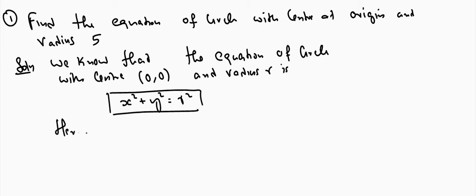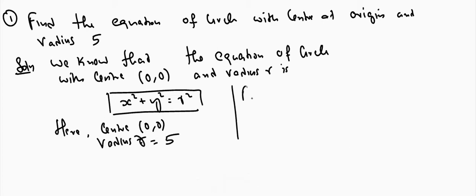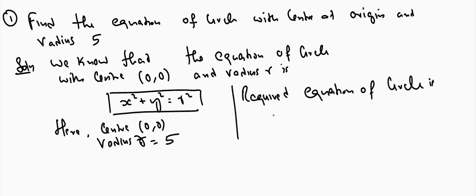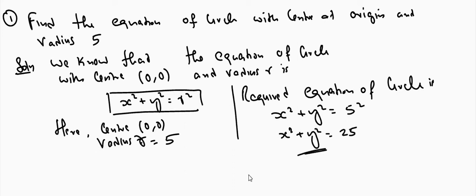Here it is given that the center is at origin, that is (0, 0), and radius r equals 5 units. Then the required equation of the circle is x square plus y square equal to 5 square, that is, x square plus y square equal to 25.